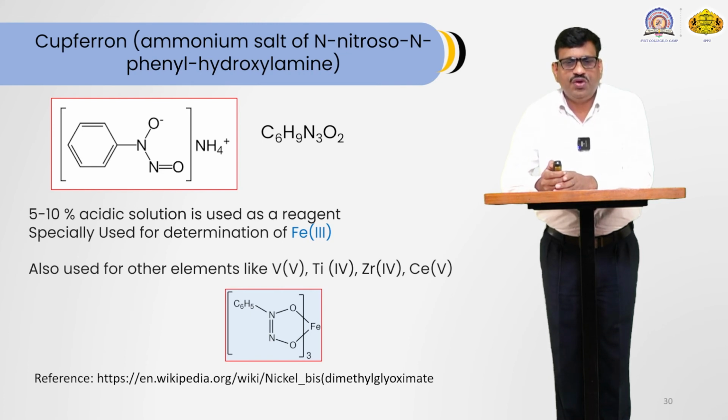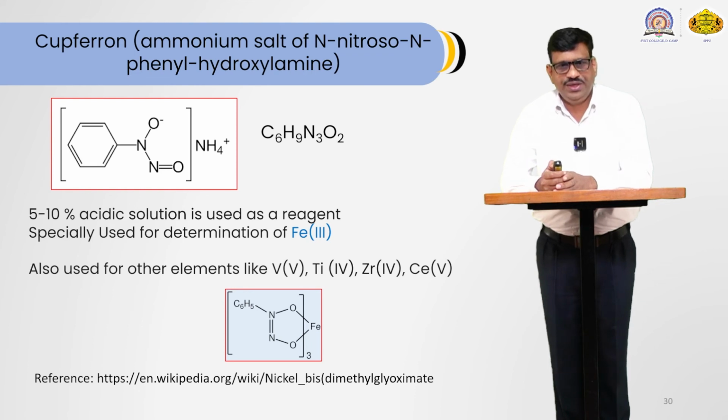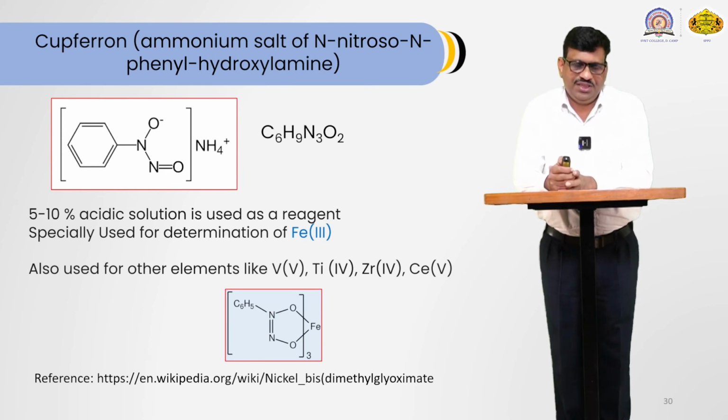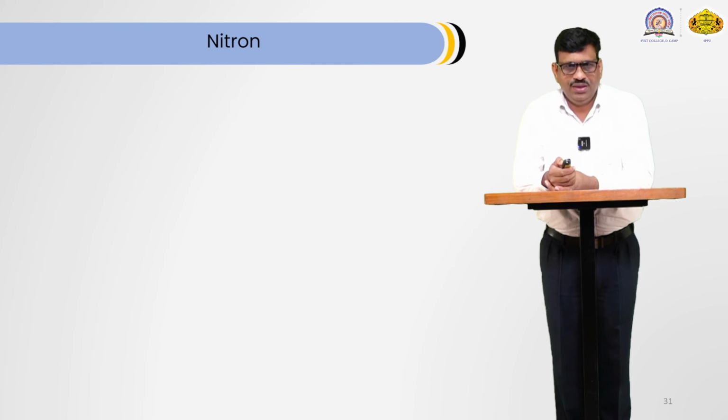It is also used for determination of vanadium 5, titanium 4, zirconium 4, and cerium 5. This structure shows how the complex forms with Cupferron. Iron and Cupferron combine to form this type of complex, which can be filtered, and from the weight of that precipitate, the amount of Fe3+ present in the solution can be calculated.